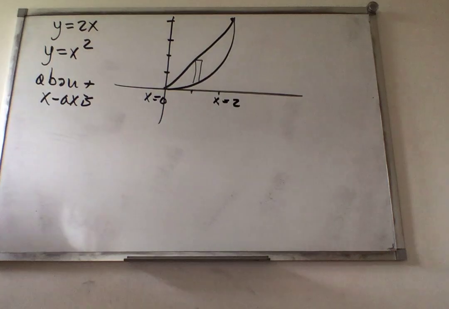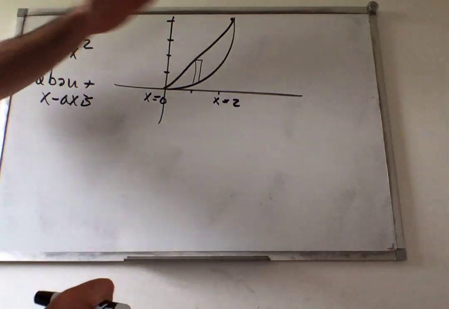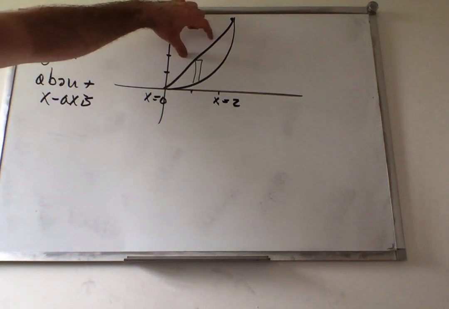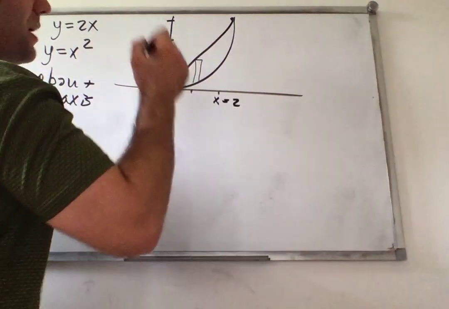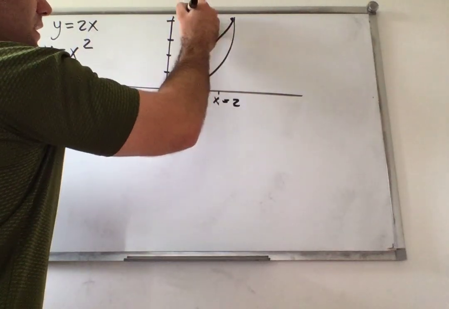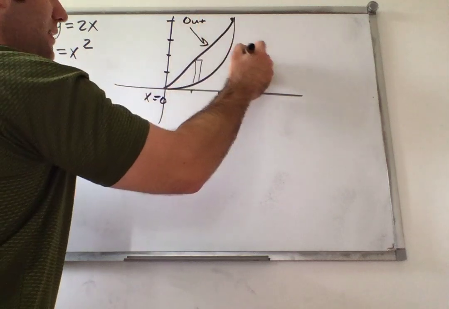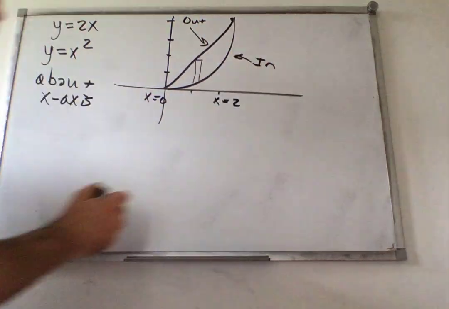So, this is going to be a washer method. I've got an outer radius and I've got an inner radius. So, this is the outer radius, this is the inner radius.